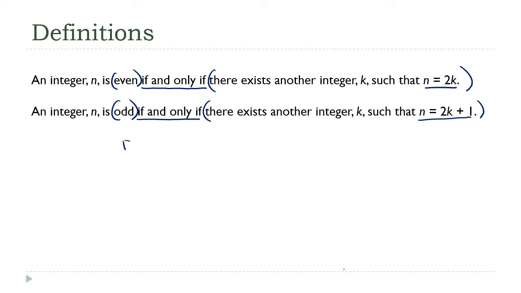Now, with that said, remember what we saw earlier when we were discussing biconditionals. P if and only if Q is equivalent to if P then Q and if Q then P. Now, this is important because it's telling us that a definition actually gives us 2 pieces of information, right?